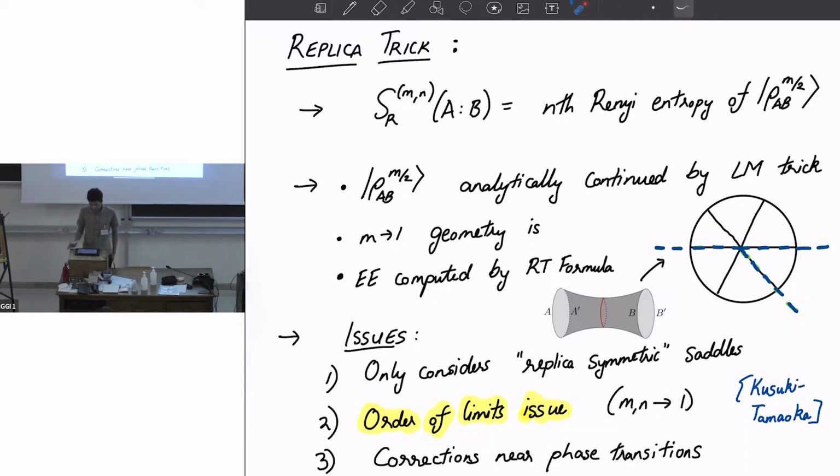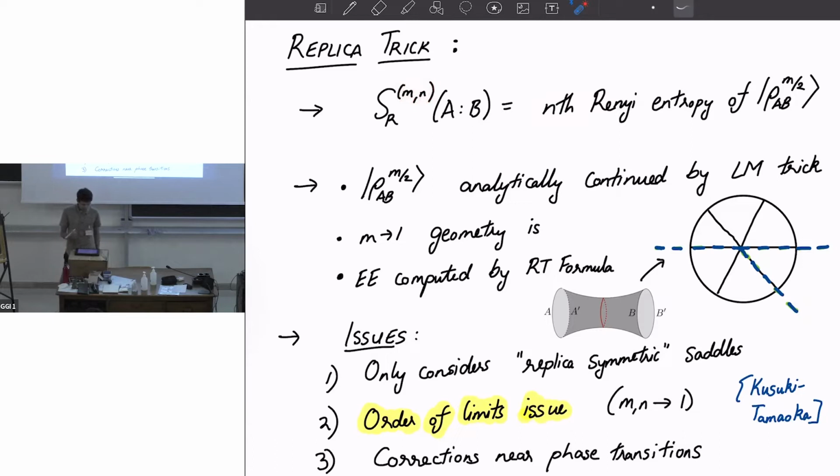But there's an issue, which is that this calculation, when you try to do the replica trick to compute the Renyi entropy, there are phase transitions when you're trying to do this analytic continuation. And which way you do the analytic continuation matters. So we eventually want to analytically continue both m and n to 1.